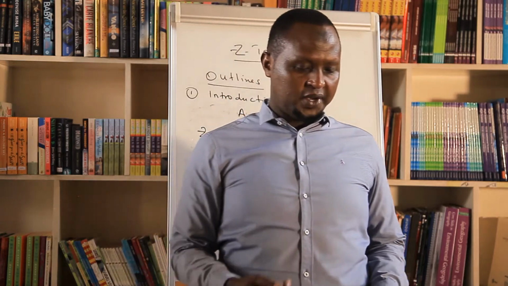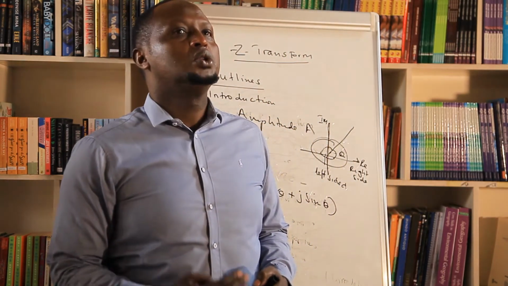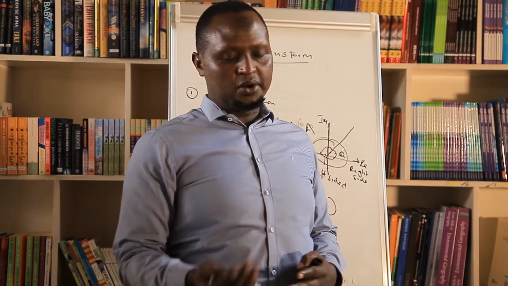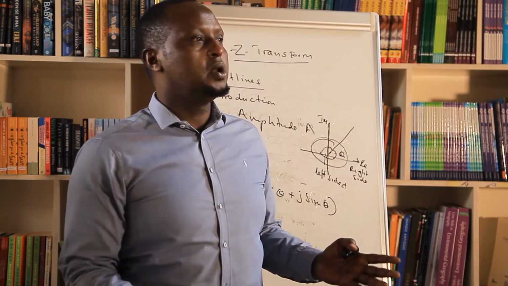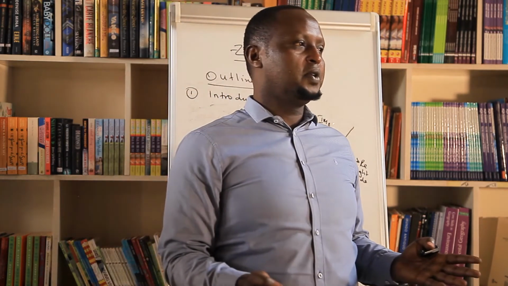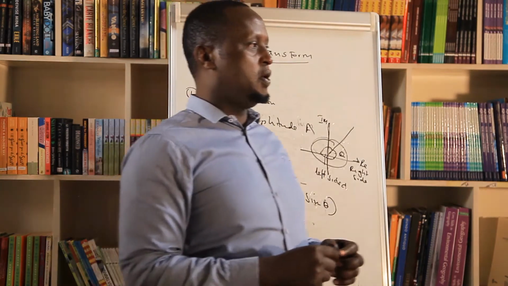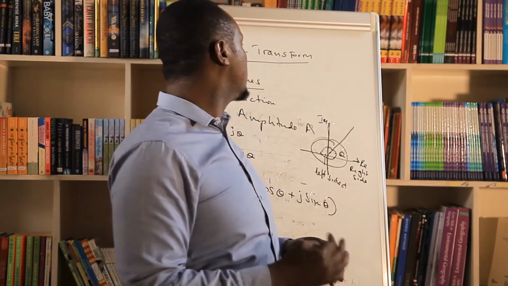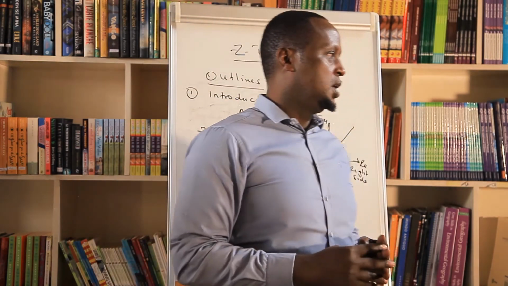For the first, we have seen that it is used to convert the discrete value numbers into the frequency domain. Suppose you are given the signal in discrete form, you remember how the discrete form looks, and you want to convert it into the frequency values.